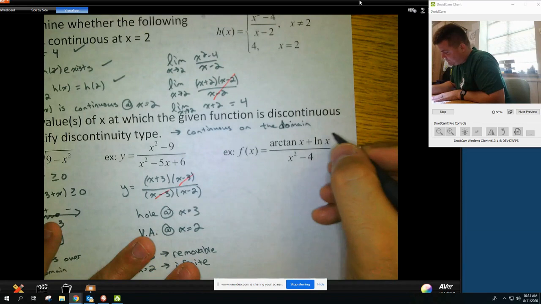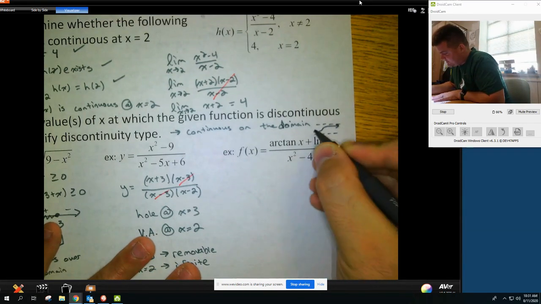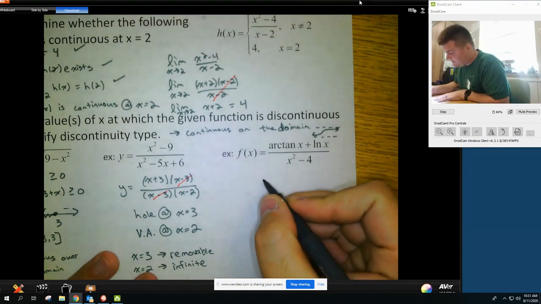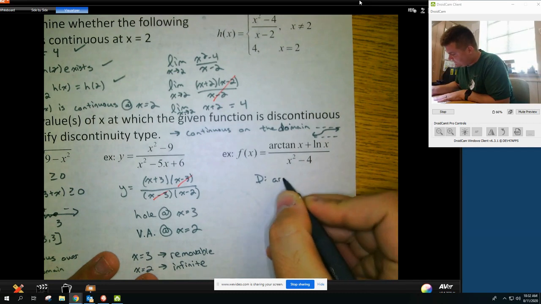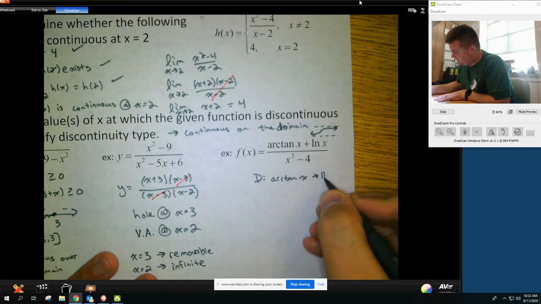But essentially, I'll just draw it up here. Arctan looks like this. Goes forever to the left, forever to the right, pi over 2 to negative pi over 2. It is continuous everywhere. So the domain of arctan of x is all real numbers.